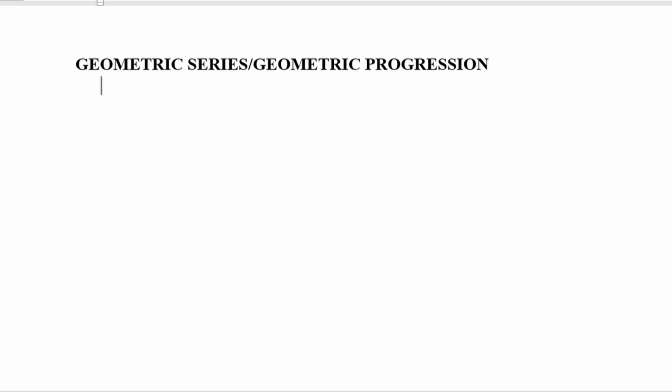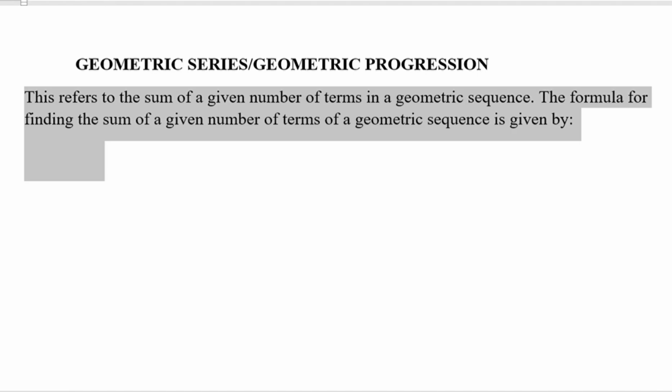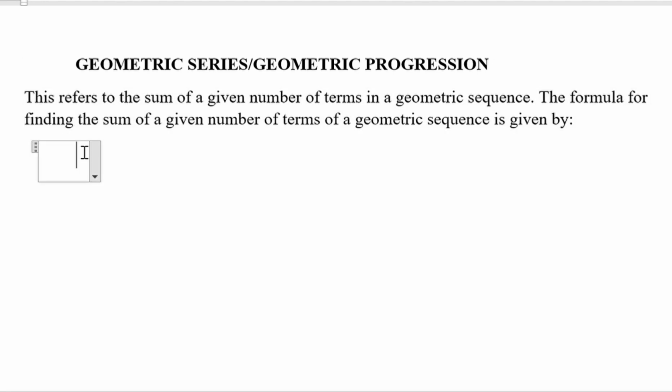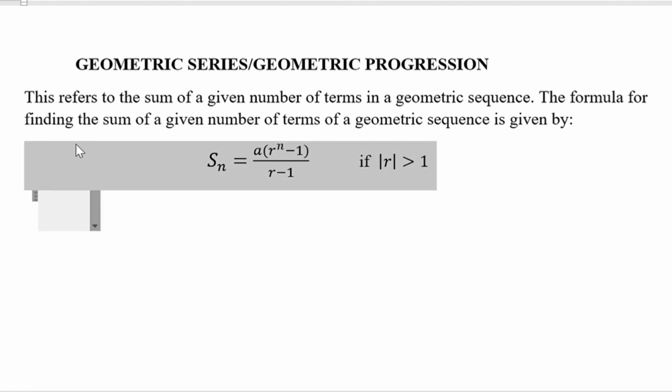Geometric series refers to the sum of a given number of terms in a geometric sequence. The formula that we use to calculate the sum of a given geometric series is Sn = A(R^n − 1)/(R − 1) if the absolute value of the common ratio is greater than 1.